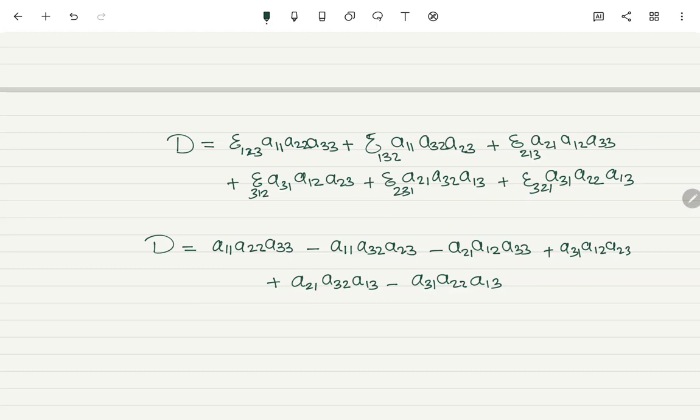Remember, positive because of even permutation and negative because of odd permutation.